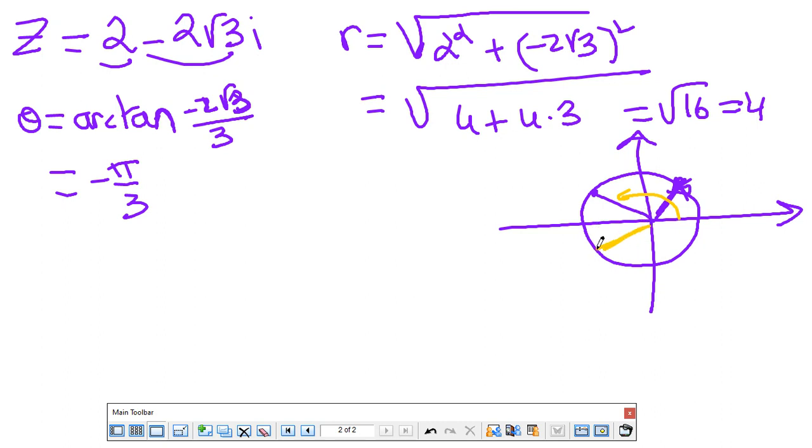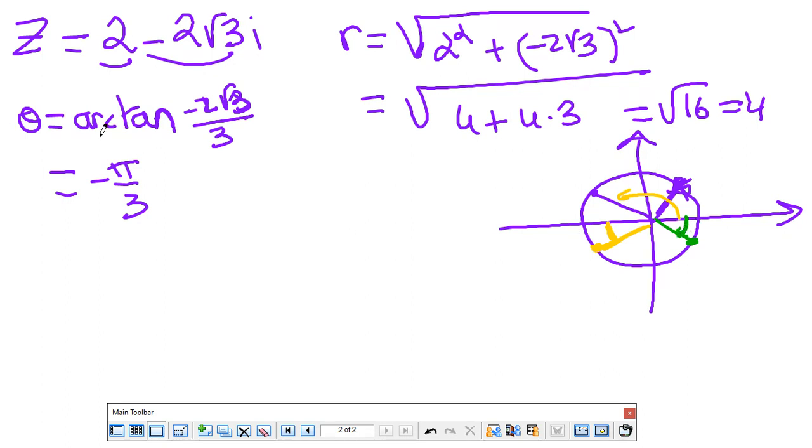If I am in quadrant 3, I will do pi plus arctangent, because the calculator will give me the answer of this angle. So how do you find the angle theta of this complex number? It's pi plus arctangent y over x. And if you are in quadrant 4, the calculator can directly give you the angle, negative, going clockwise like this.